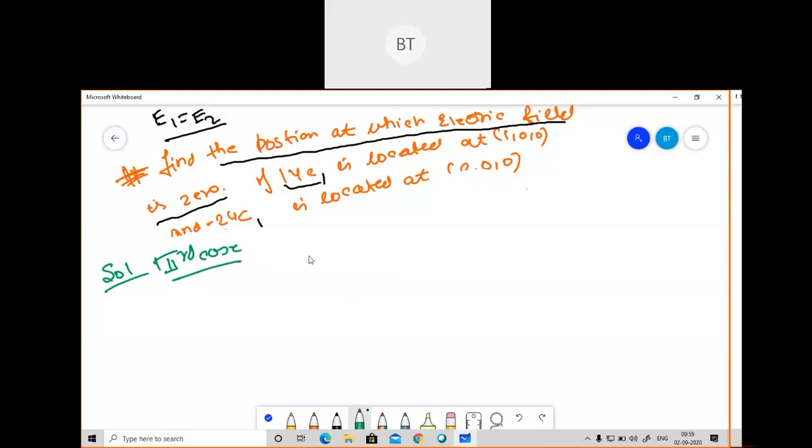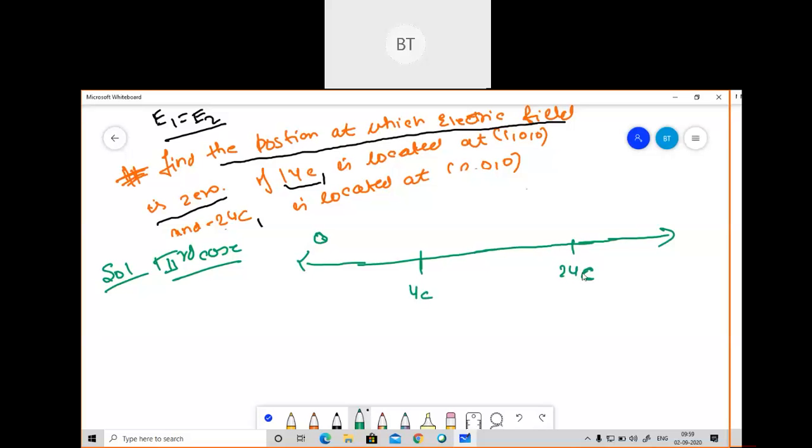So let's suppose I'm making this diagram again. So here I'm putting our 0, and here it is 1 microcoulomb. Here it is 2 microcoulomb.